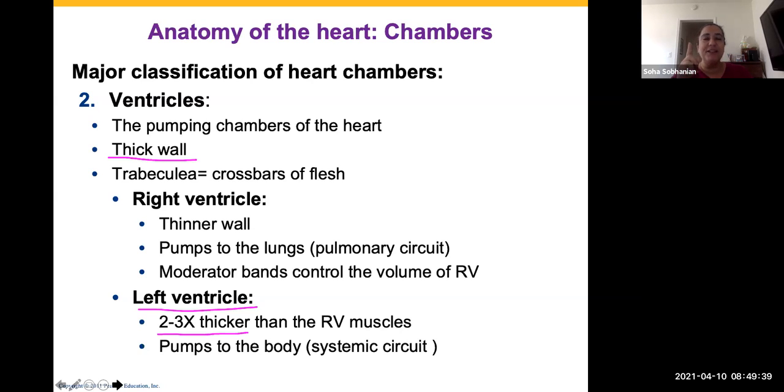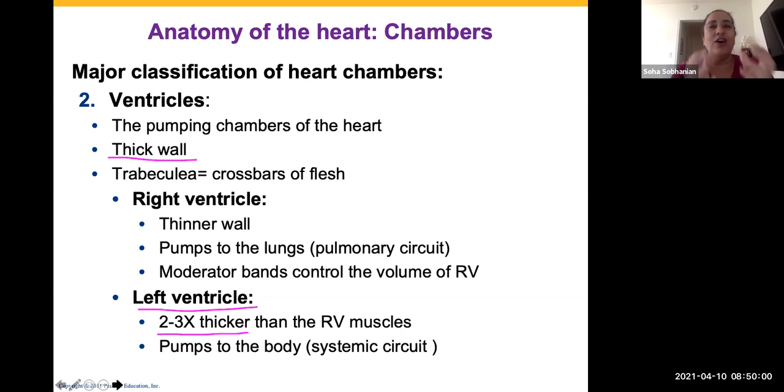Because if the left ventricle doesn't receive good oxygenated blood so it can contract strongly, then basically the rest of your body is doomed. Your atria on the top do contract, right? But most of the job is done by gravity. Gravity just pulls the blood down.